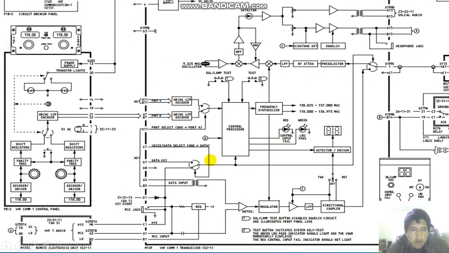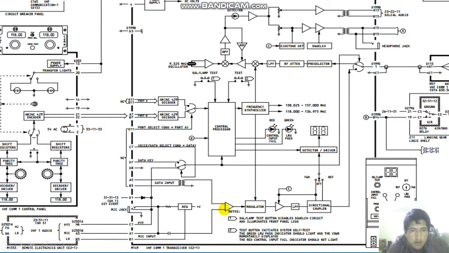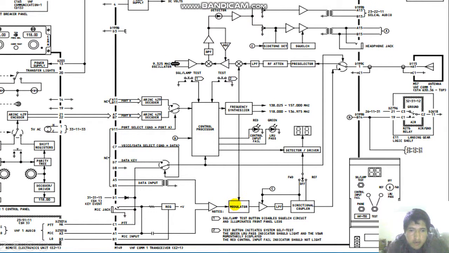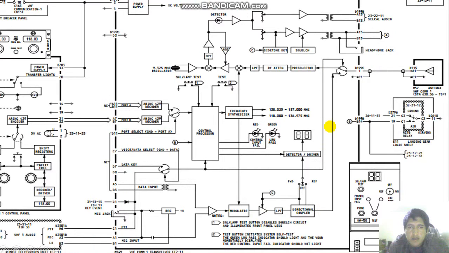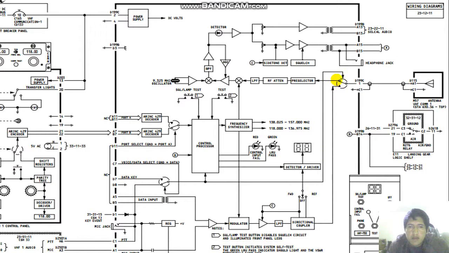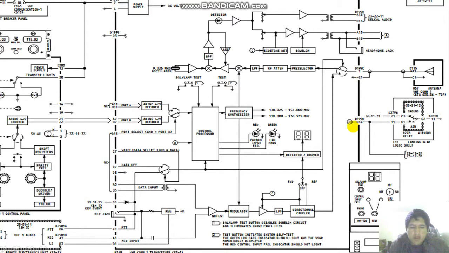At this moment, it is interfaced and checked in the modulator and directional coupler, and then sends the voice and information through the antenna to be received by another system, for example the ground station, or maybe another plane.